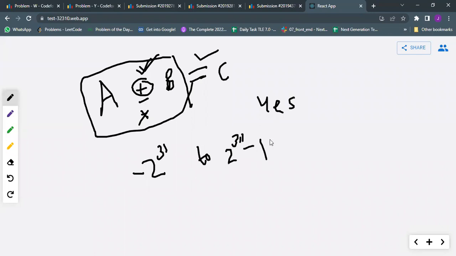This is the range of int. These values can be stored in int, which is around 10 to the power 9. So if your problem can be solved within this range, like your calculation is not going out of this number, then you can use int.